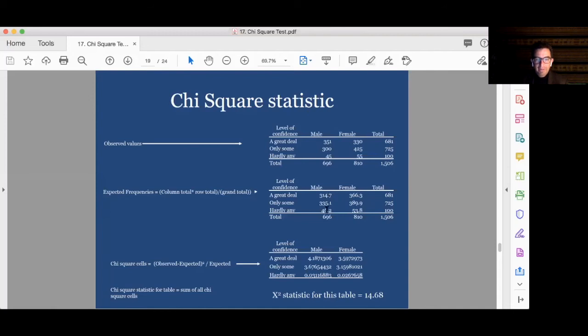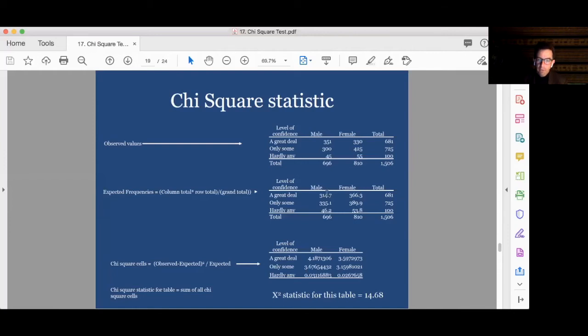If we multiply the total in that column times the total in that row, divided by the overall total, we get 314.7. For this other one, female, a great deal, to get the expected frequency for that cell, we multiply the total in the column, 810, times the total in the row, 681, and we divide by the grand total, 1506. If we do that, we get 366.3.